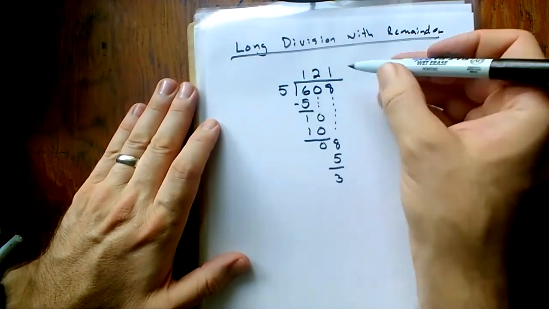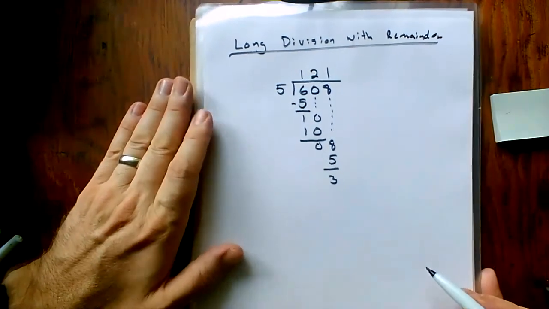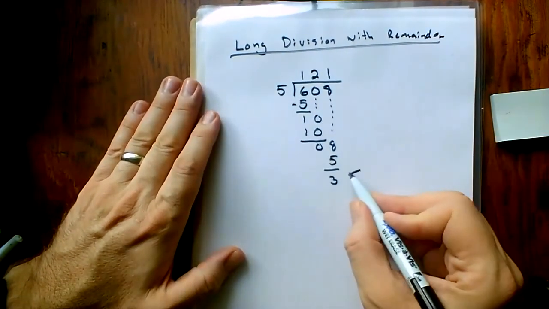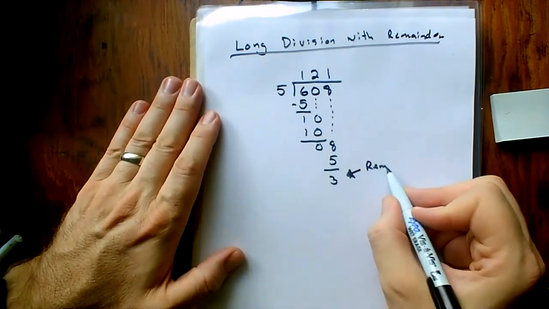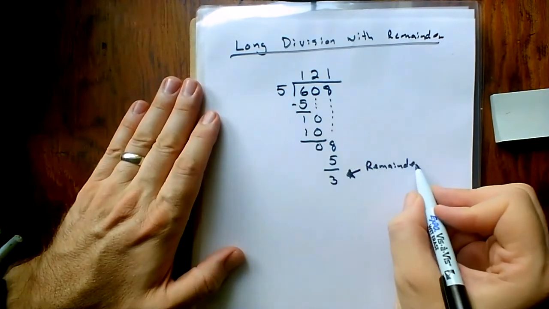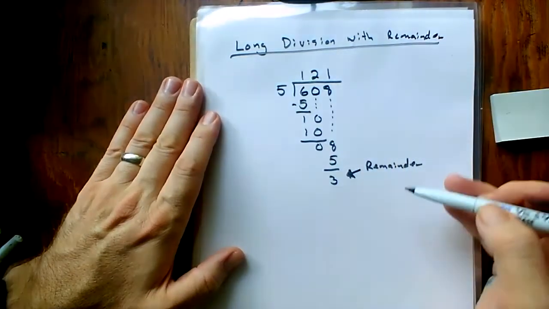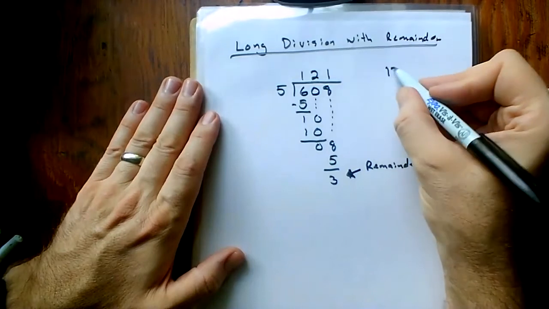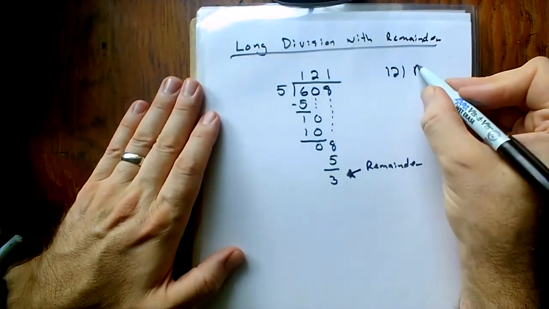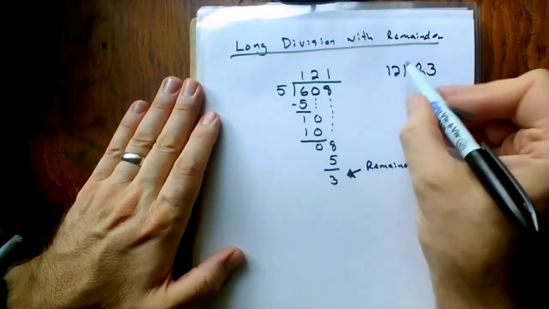But now I don't have any more digits to bring down. This is what we call a remainder. So I've got my quotient and my remainder. I could write this as 121, and sometimes we'll write this as an R of 3.